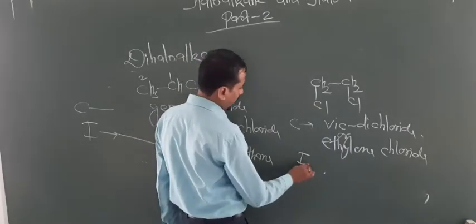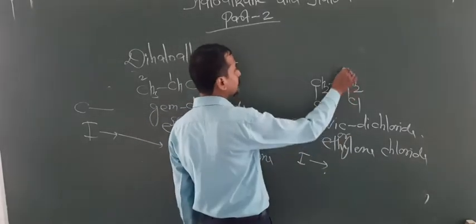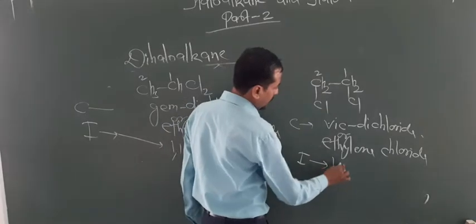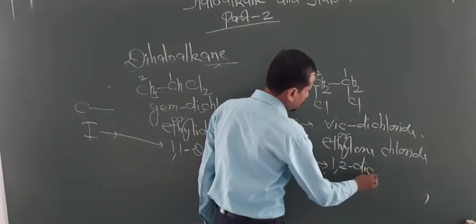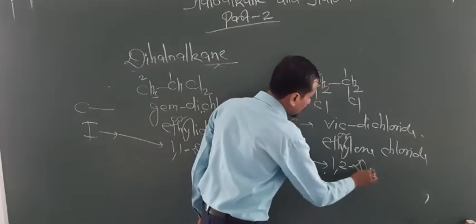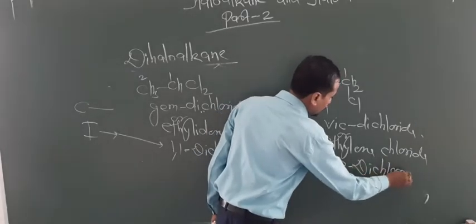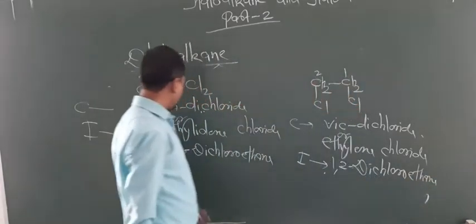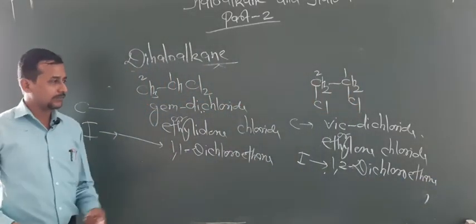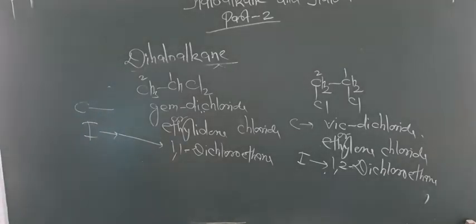And the IUPAC name of this compound is 1,2-dichloroethane. So this is 1,1-dichloroethane, and this is 1,2-dichloroethane. This is all about vicinal and gem dihalides.